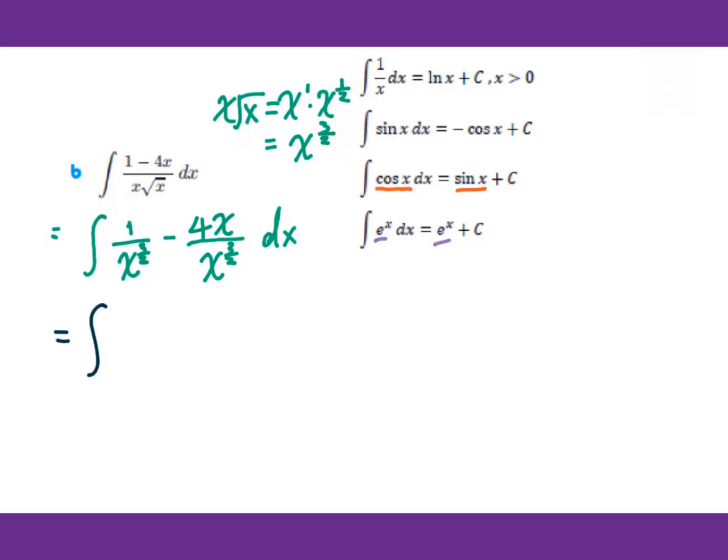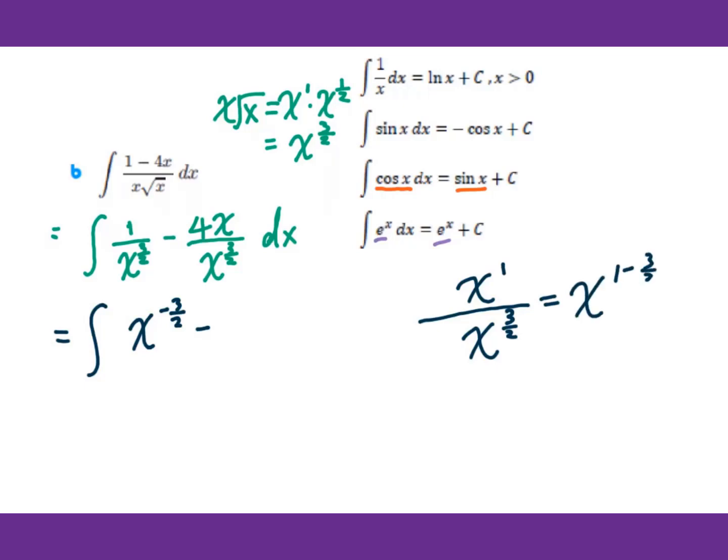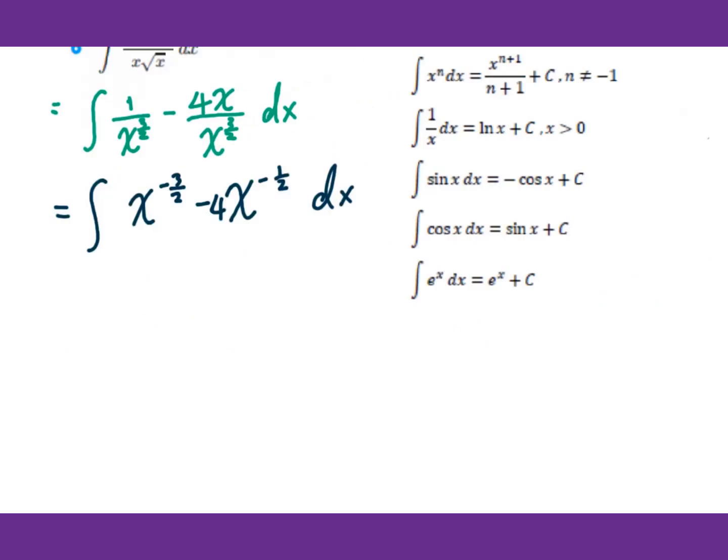Then you will get x to the negative 3 over 2. Then minus, x over x to the 3 over 2nd power. Division of a power, we subtract the exponent, so we get 1 minus 3 over 2, that is negative 1 over 2. So we get x to the negative 1/2 power, but we have 4 here, then dx.